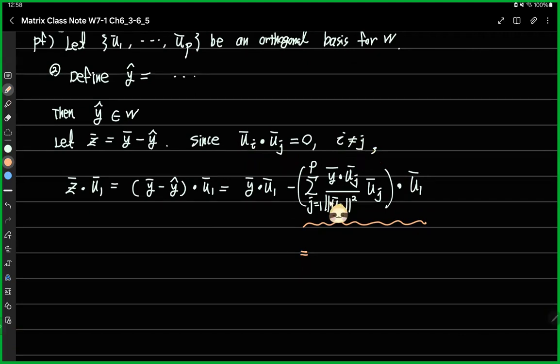Then this summation is simplified: only the term when j equals 1 will be non-zero. This is y dot u1 over u1 squared, times u1 dot u1, and all other terms are 0 because of that property.